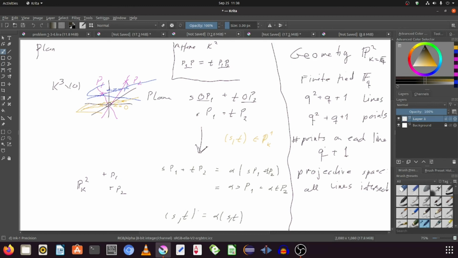So if we have 2 different (s,t)'s coming from the same point, then the result will be the same. If, on the other hand, the result is the same, then we have to show that when s P1 + t P2 are equal, then the coefficients are equal.